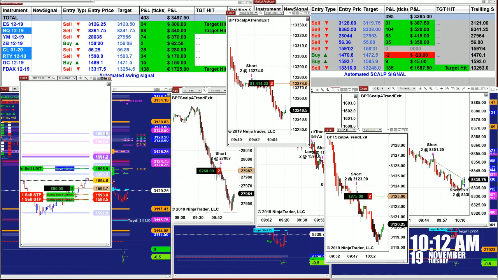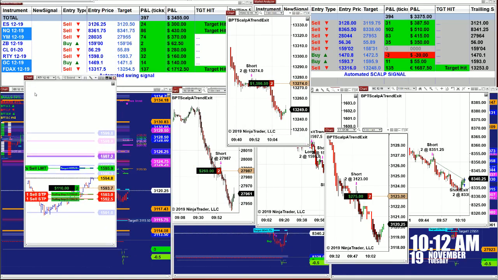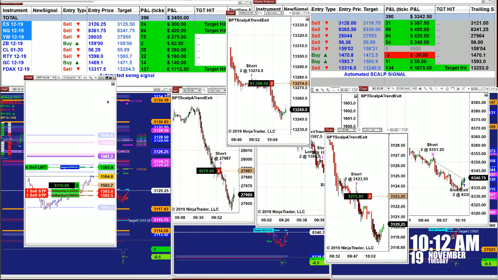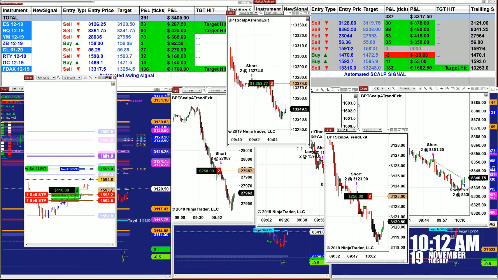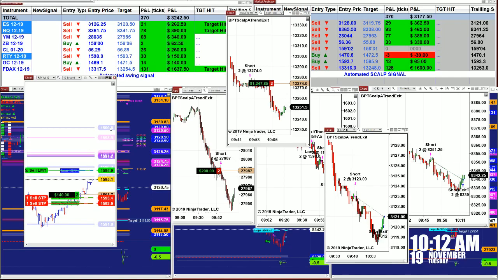On the scalper, what is nice about it is that if you are on a swing trading and a scalping, even if you are swing trading, as we see on the Russell, the scalper has turned around. This is a very good indication, if you are on a Russell swing trade, to start closing it.